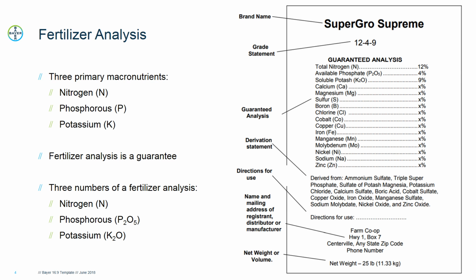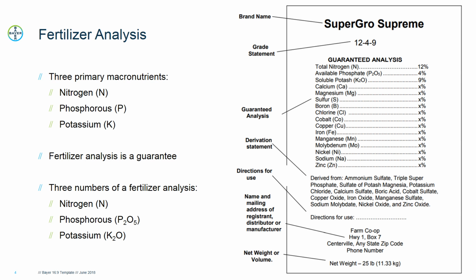In a previous video, we mentioned the 3 primary macronutrients, which are nitrogen, phosphorus, and potassium. We can see the grade statement on our label, and those are reflected in the grade statement as a % weight. However, it's important to note that nitrogen is the only one that is truly reflected as nitrogen.